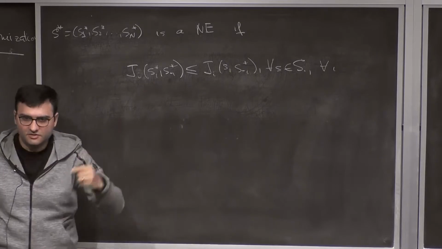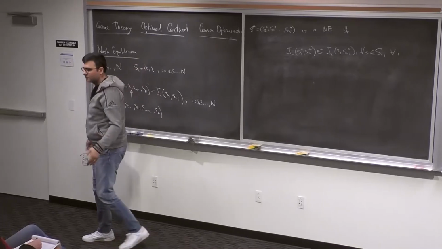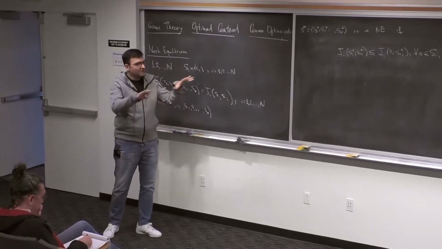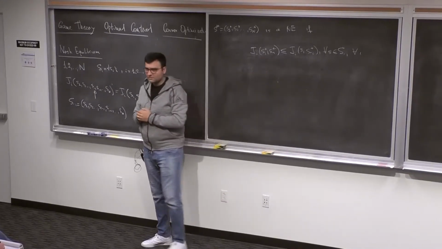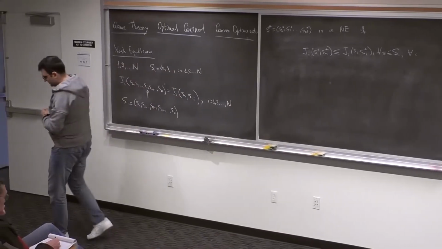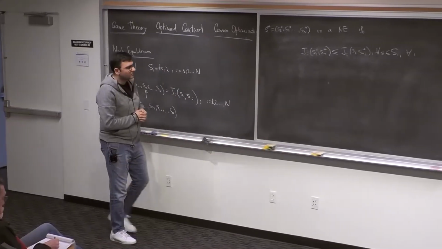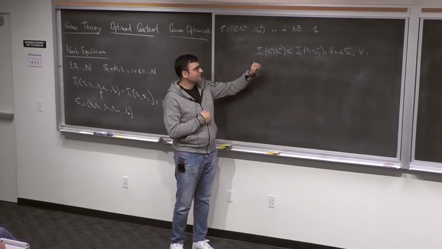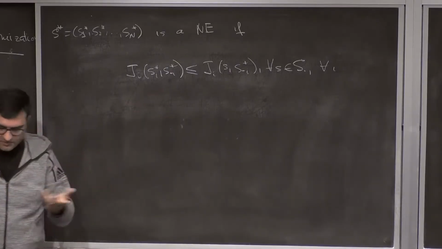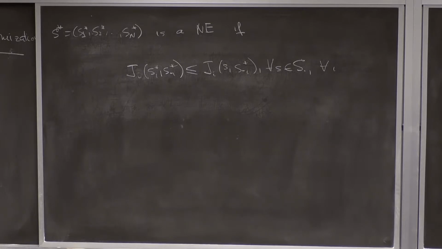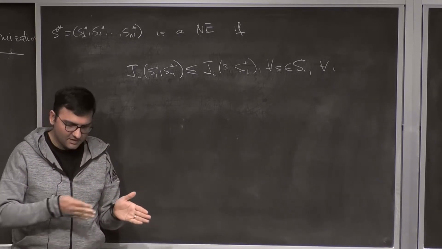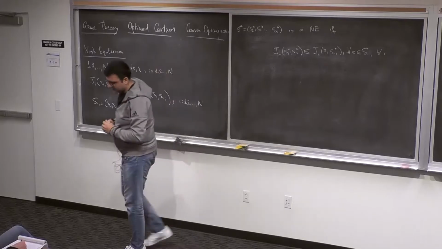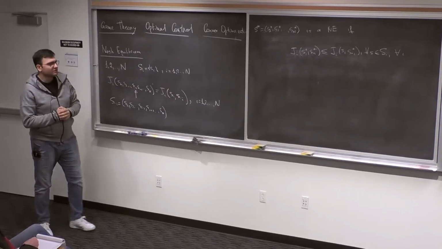So player i cannot unilaterally improve its position when the actions of the other agents are fixed. These are in fact called pure Nash equilibria, and these s_i's are called pure strategies. There are versions of this with mixed strategies, where a player can choose among a finite set of strategies with certain probabilities. That's a generalization, but this is good enough for us.